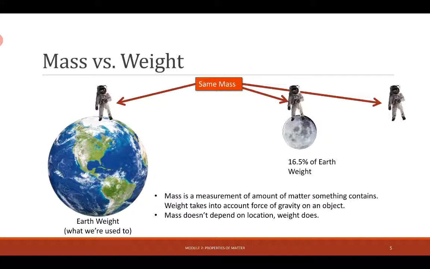But without the moon there at all, the astronaut actually has no weight. In space, the astronaut is weightless, but he's not massless. He has the same mass that he did on Earth. So they can have different weights, but they all have the same mass.